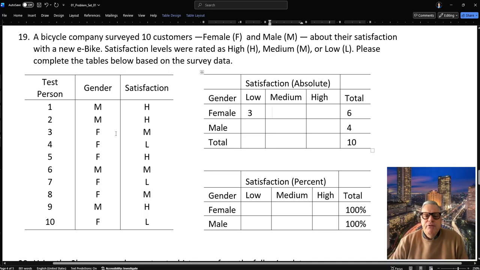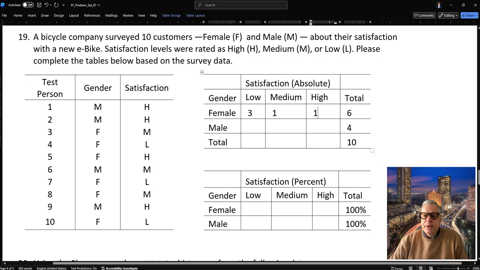Okay, then how many females gave a medium rating? Female, medium, 1. So that's 1. How many females gave a high rating? Female, high, test person 5, and so that's 1.